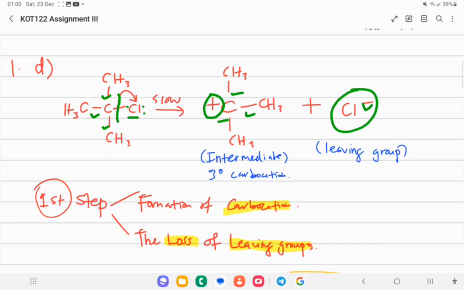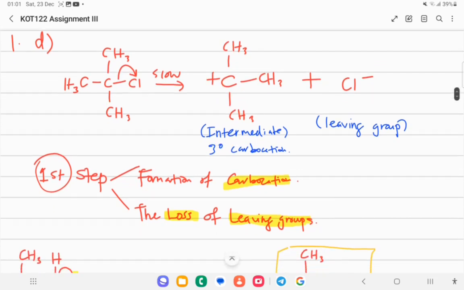Our carbocation is known as the intermediate. In this case, the carbocation is a tertiary carbocation, because there are three surrounding carbons, one here, and one here.